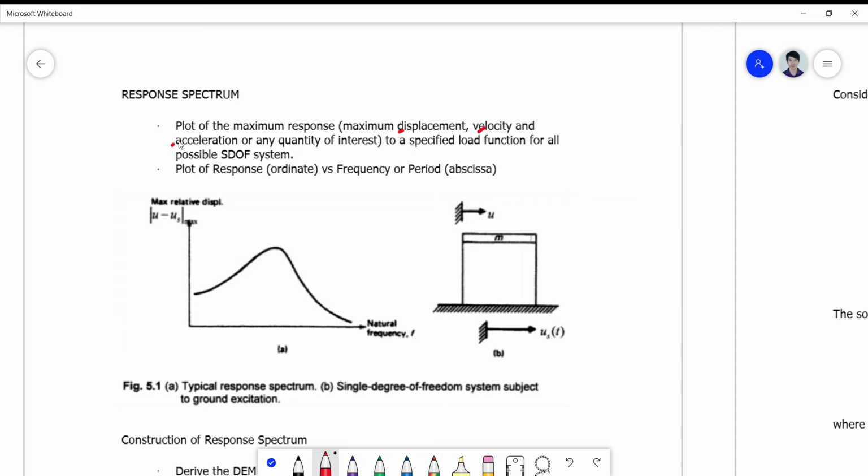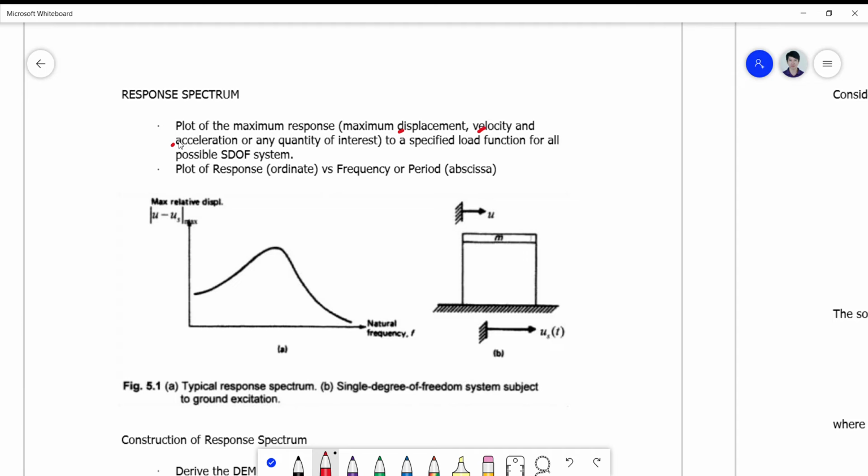As far as structural dynamic behavior is concerned, but any other quantity of interest may be used here in the general definition of a response spectrum.